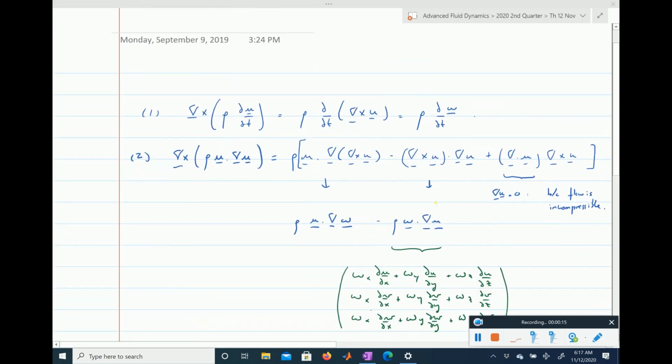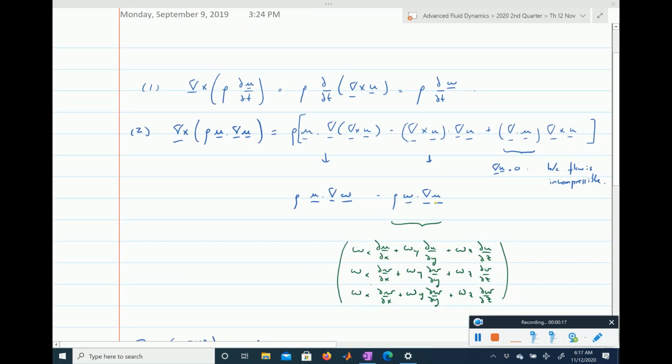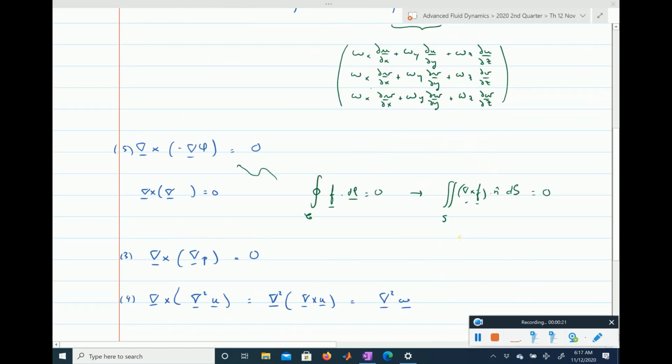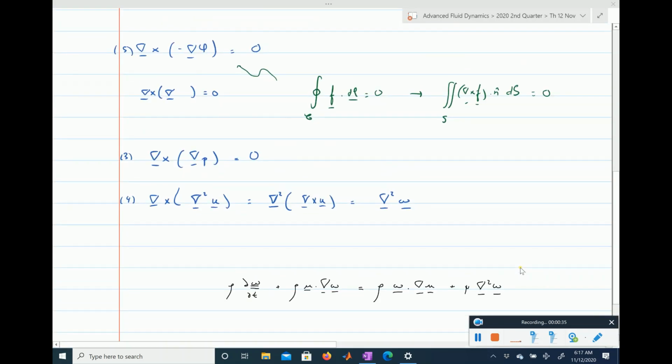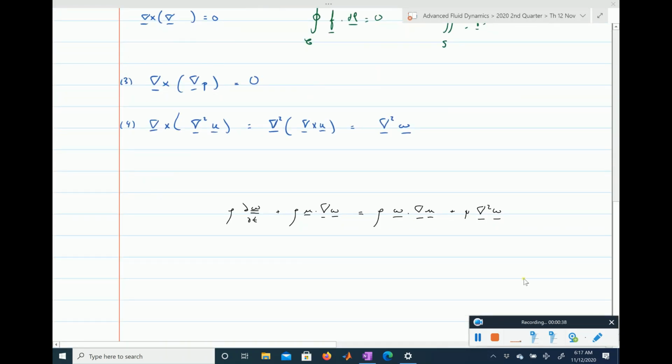And then remember that we had this minus rho vorticity dot grad u. So this term I'm going to put on the other side of the equation. The fourth term is simply mu times the Laplacian of omega, of the vorticity. And the body force term disappeared, remember? The body force term is equal to 0. So here, this is the equation that you obtain when you take the curl of the momentum equation, and that is the vorticity equation.